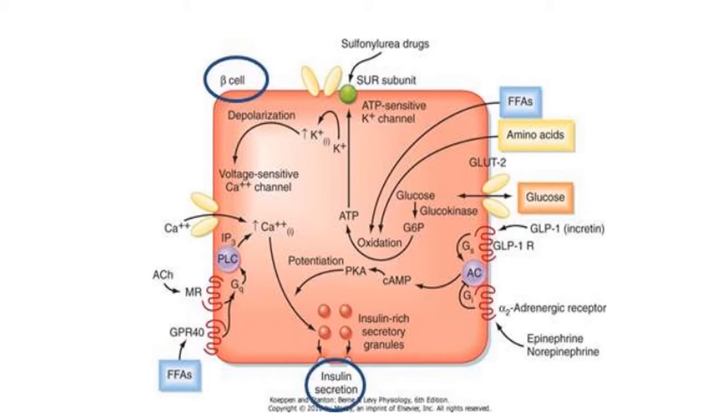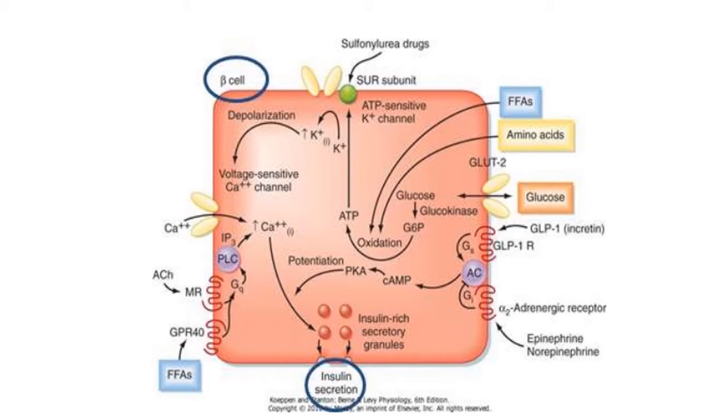Similarly, I have told you that oral glucose is a very good stimulus for the release of insulin. Here is the glucose. When it enters the cells, there is production of certain metabolites that cause the production of ATP, and as a result of this production of ATP, there will be potassium efflux inhibition that leads to depolarization and opening of the voltage gated calcium channels that causes the release of insulin.